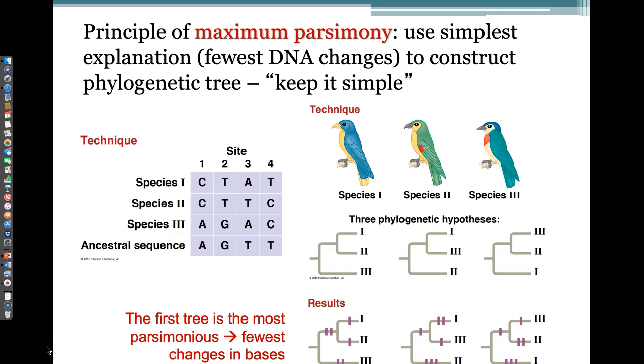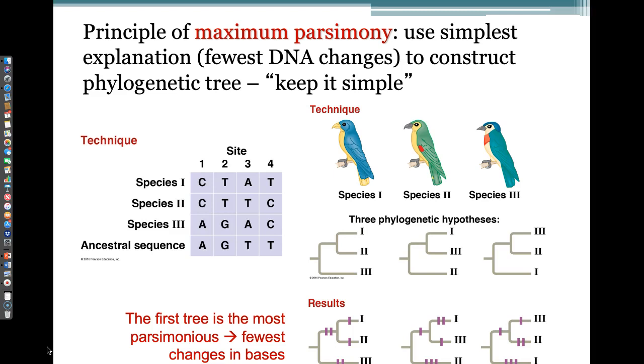The other ones, when you clump them together, there's going to be 7 differences between them. So you want to keep the fewest events, fewest changes, fewest branches, sometimes fewest characteristics. Try to keep it as brief as you possibly can to show that there's an evolutionary history with these traits.